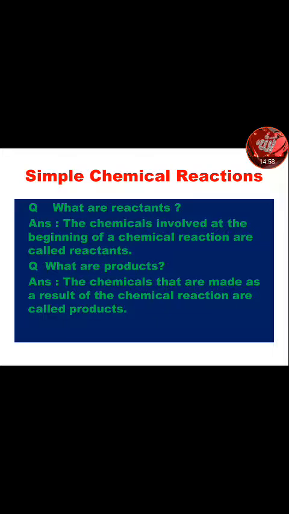You can make here another question: what is a product? The chemicals that are made as a result of the chemical reactions are called products. In the above examples of iron plus sulfur, the product is iron sulfide, and hydrogen plus oxygen, the product is water.